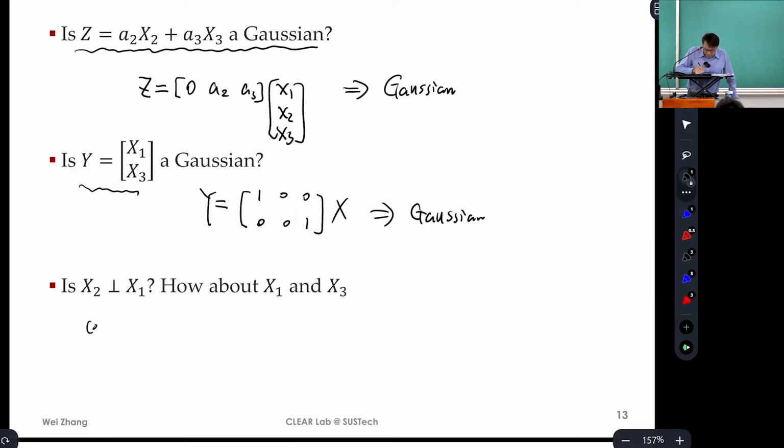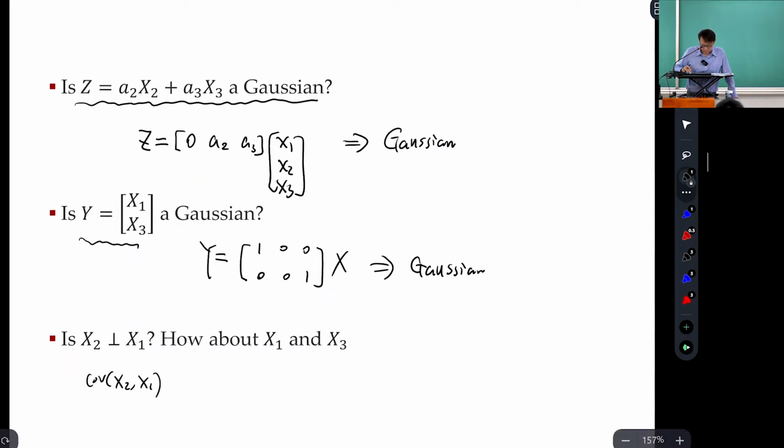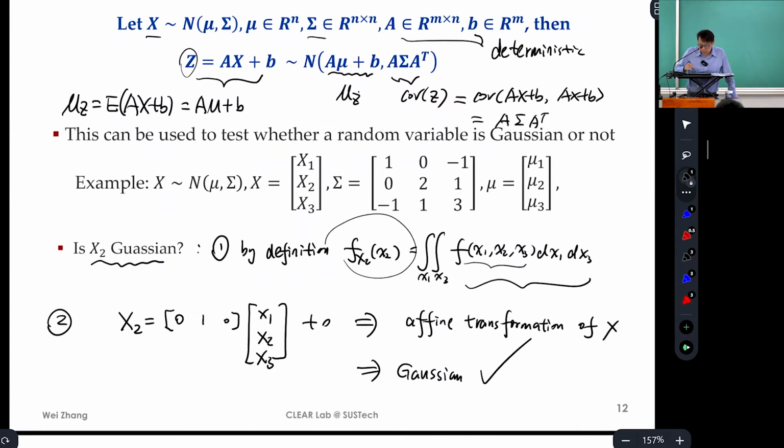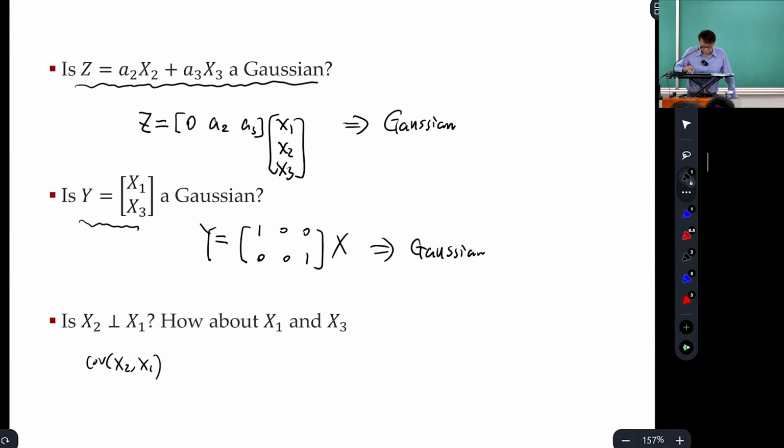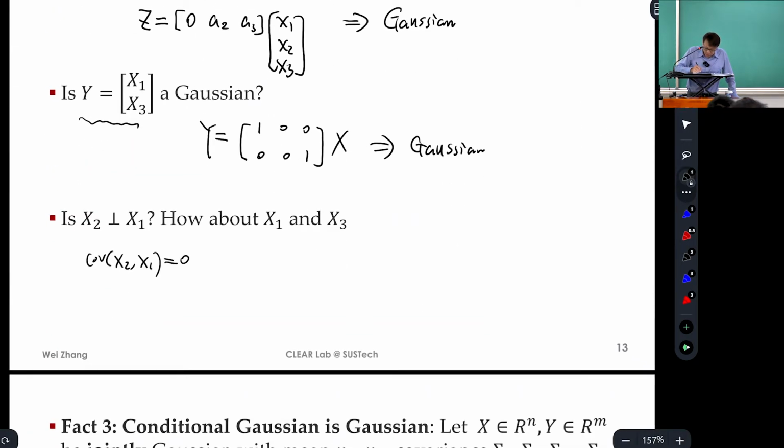For Gaussian, I only need to check this entry. What is it? The entry for X2, X1 is the second row, first column. It's 0, so the covariance is 0. So X2 is independent of X1. Covariance 0 implies independence, but only for jointly Gaussian.